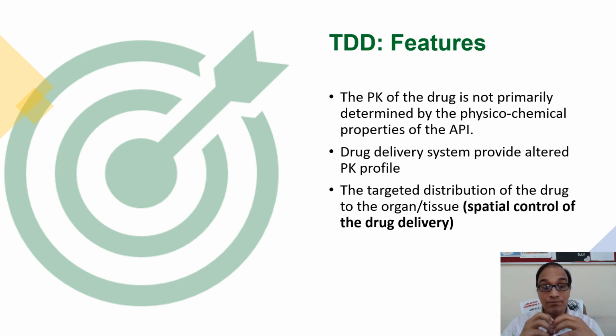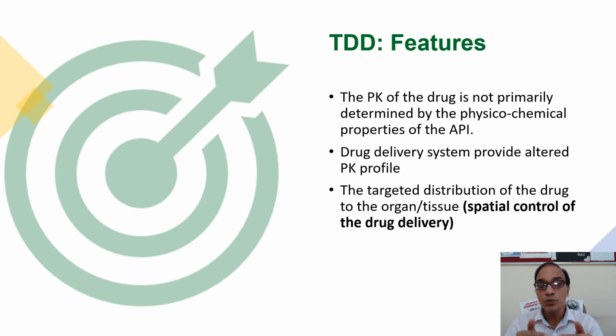The drug delivery system provides an altered pharmacokinetic profile here. Now the physicochemical properties of the drug cannot govern the pharmacokinetic. Now we have given this authority to our delivery system. This will govern the pharmacokinetic.